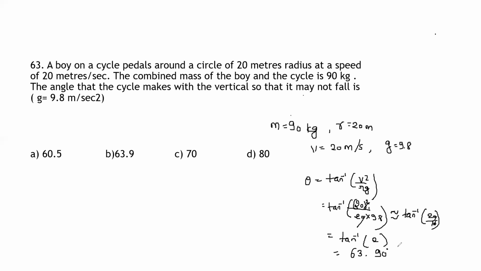So this is the formula to calculate the angle theta that the cycle makes with the vertical so that it may not fall in a circular path. So this is how you can do the calculation. The correct option is option B, that is 63.90.